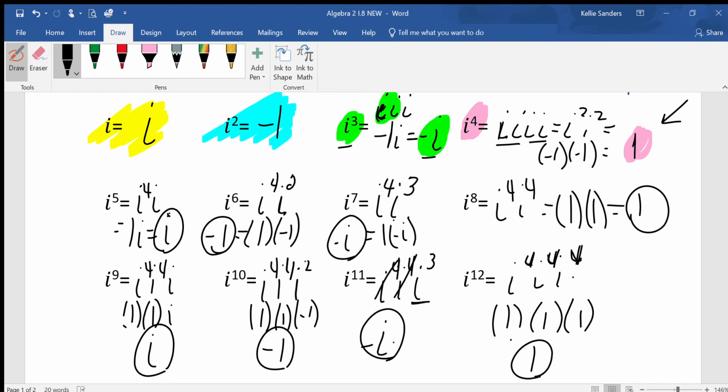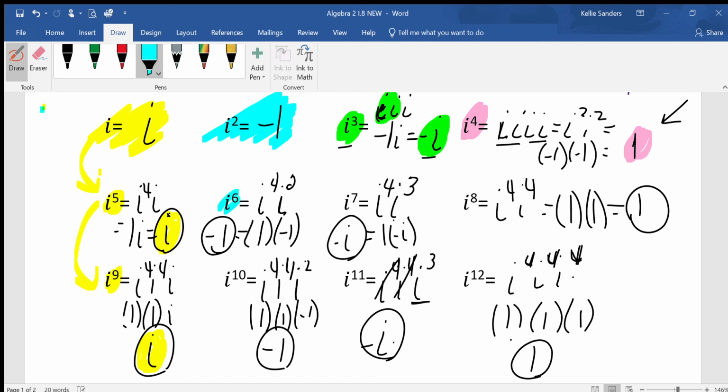Okay? Have you noticed something yet? If I just had one i, it was just i. And if I went from i to the 1 to i to the 5, which is 4 more from i to the 1, we still get i. And if I go from i to the 5 to i to the 9th, which is 4 more, I'd still get i.